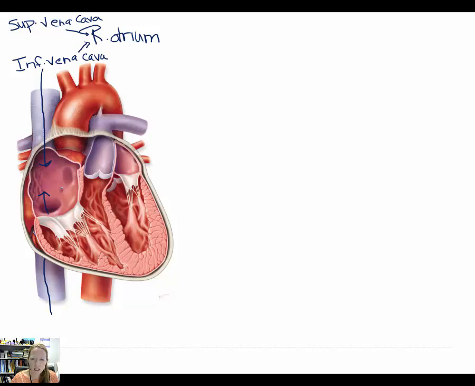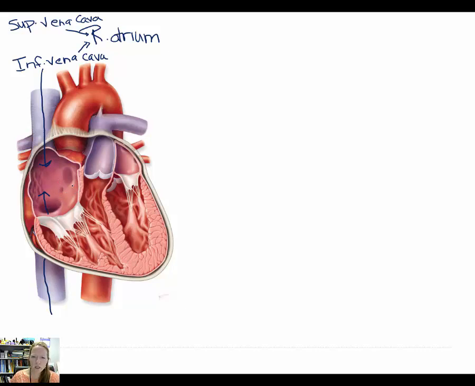Let's take a look at this tiny little hole right here. This isn't a great vessel. This is going to be a hole that comes from a blood vessel off of the heart. And it's part of this thing called the coronary circulation. So later on in another video, we'll talk about how the coronary circulation is going to be blood flow specifically just for the heart muscle.